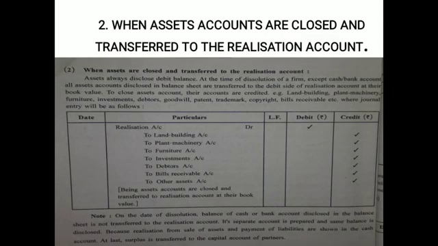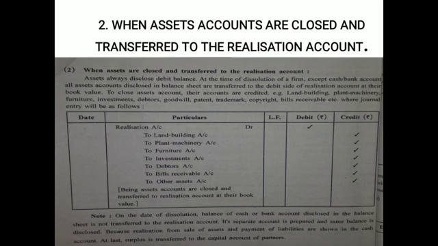The second topic: when assets accounts are closed and transferred to the realization account. If you remember, while understanding the general procedure of dissolution, I highlighted a point that at the time of dissolution, the very first thing is that you will sell all the assets.